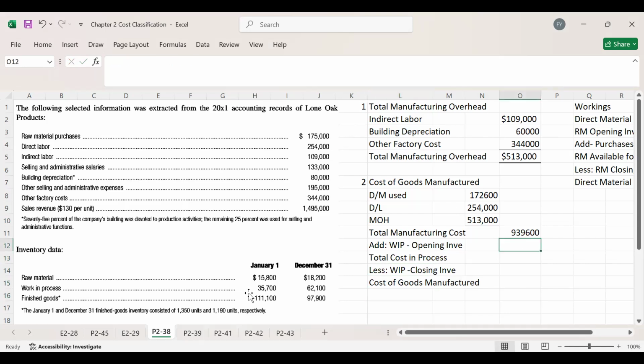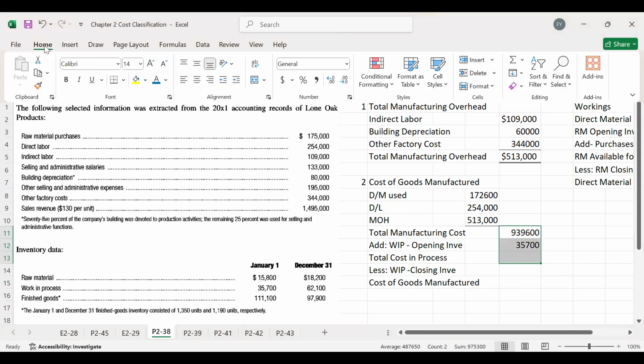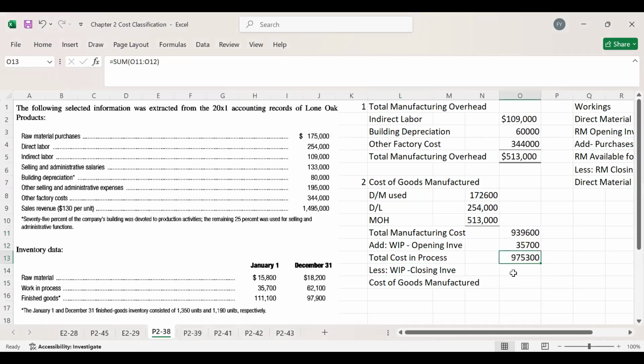Work in process opening inventory, you can see 35,700 is given. We add both of these to get total cost in process, then we deduct closing, which is 62,100.